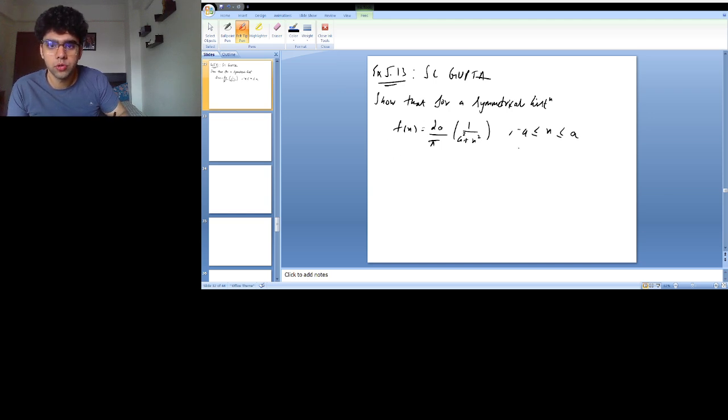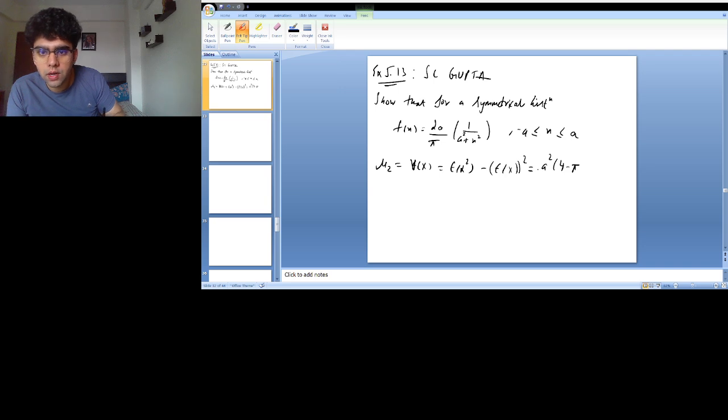Show that for this symmetrical distribution, the second moment with respect to the mean, or the variance, which is E(x square) minus the whole square of E(x), is equal to a square into 4 minus pi upon pi.